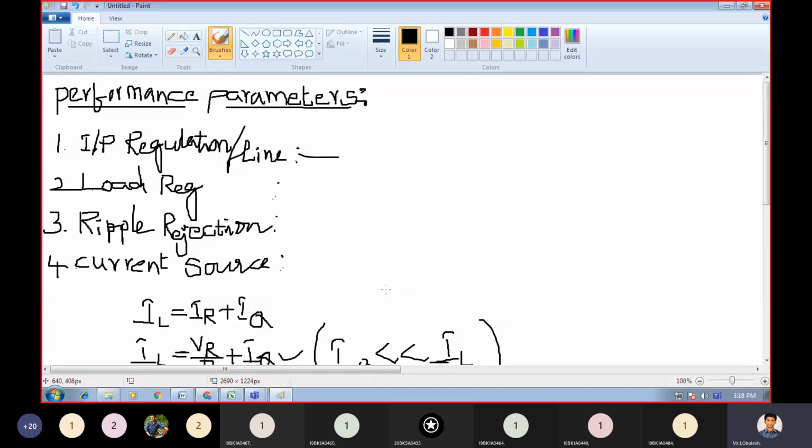Then the next topic, the next performance characteristic, is boosting IC regulator output current.